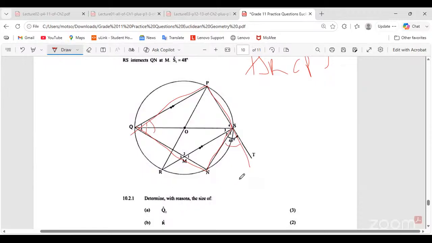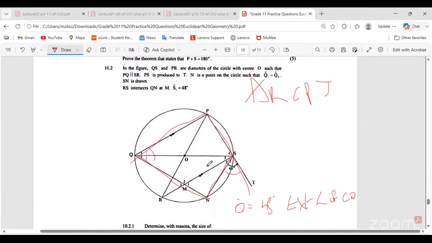So we are going to say whole of Q is equal to that 48 degrees here. Why? Because that is the exterior angle of a cyclic quad, right? Beautiful, eh? Nice.